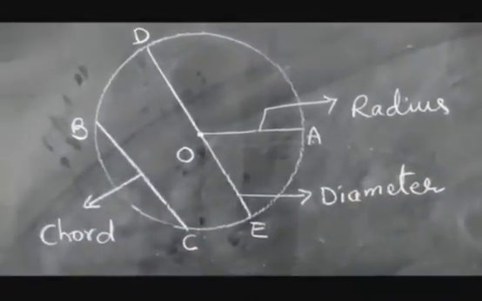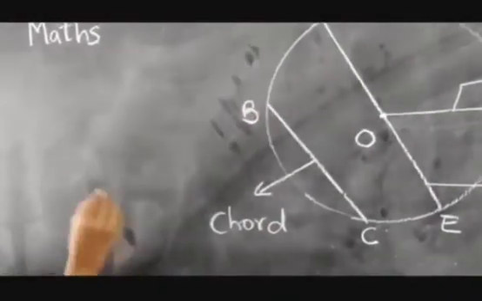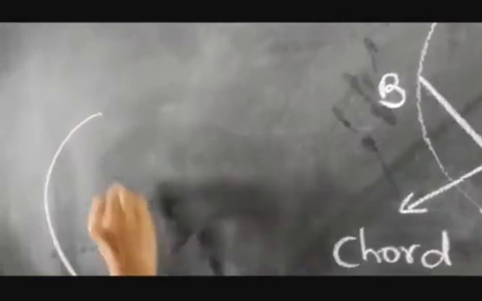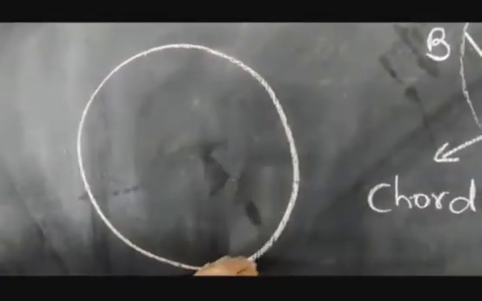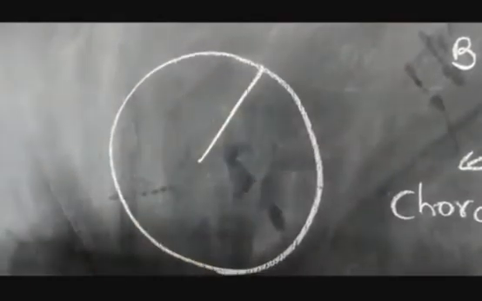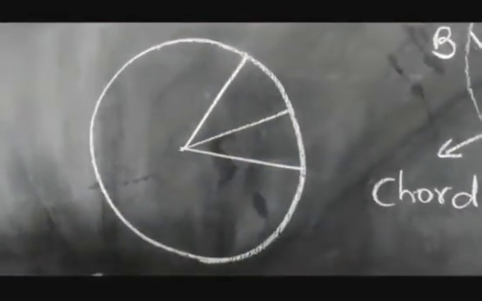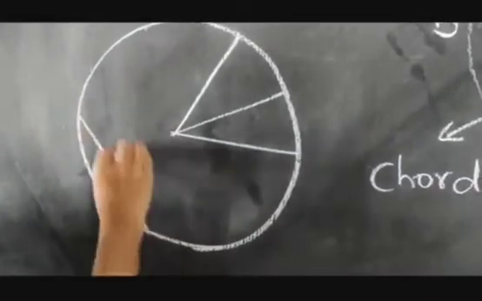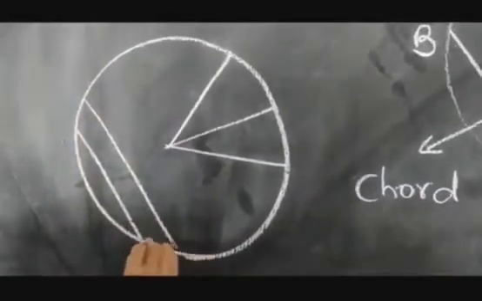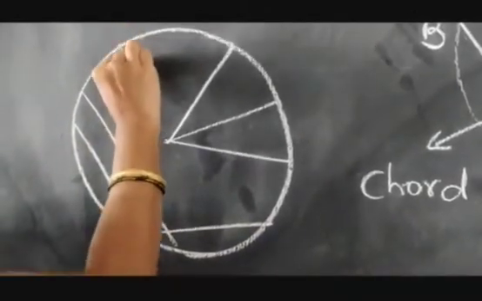Okay, children, roughly I will show you again. This is the circle. You can draw this radius, this also radius, this also radius. Now this is a chord, this also a chord, this also a chord.